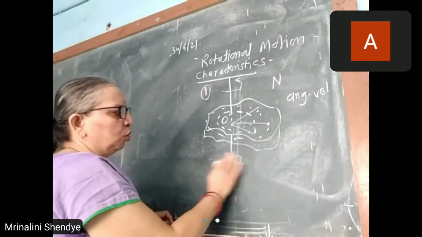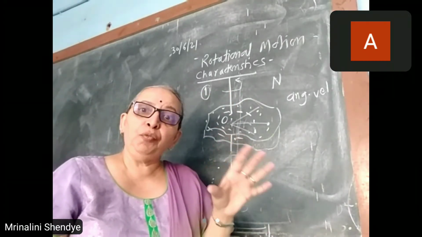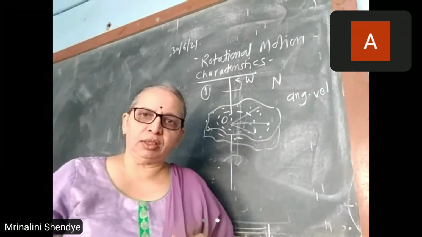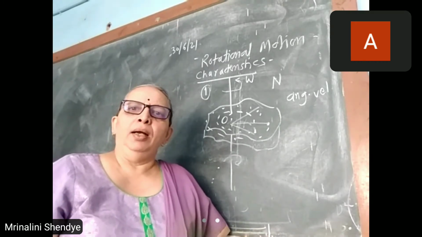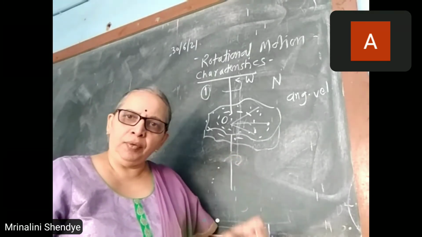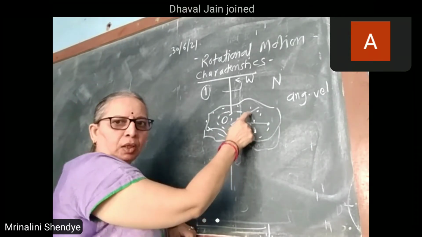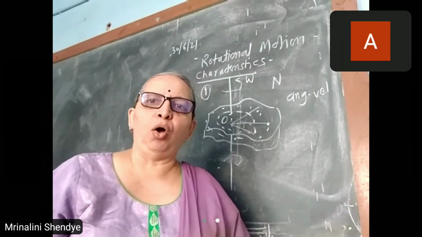Suppose the body is rotating in the anti-clockwise sense with uniform speed, that is, angular velocity is constant. Then each and every particle of the body will cover a circular path with the same angular velocity as that of the body.